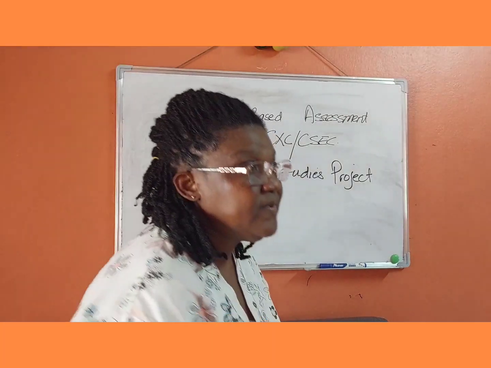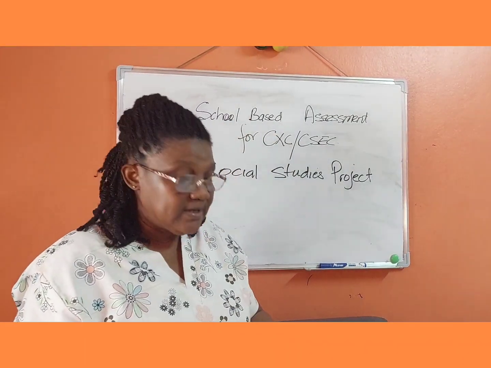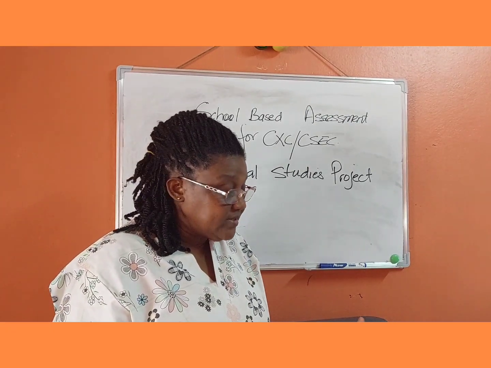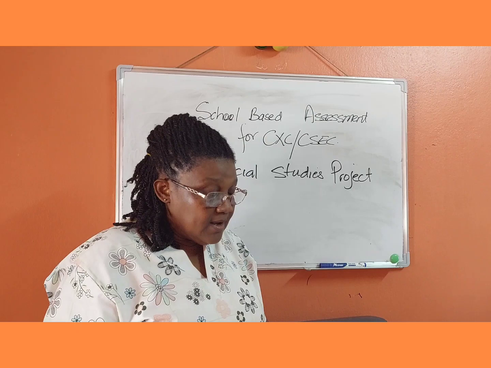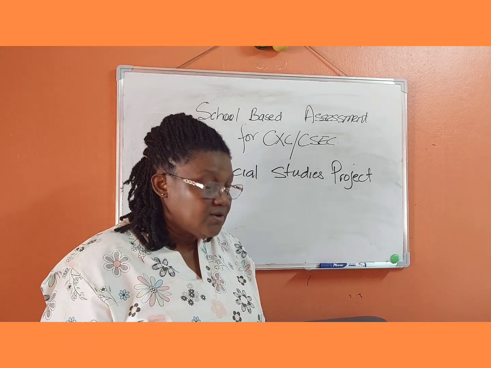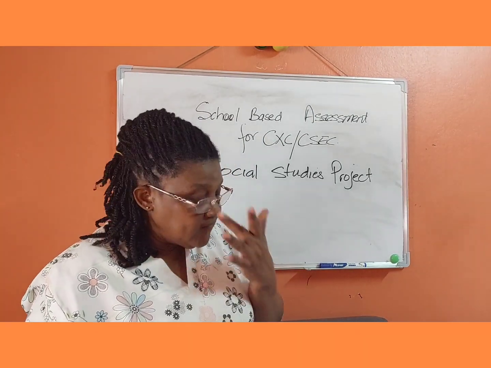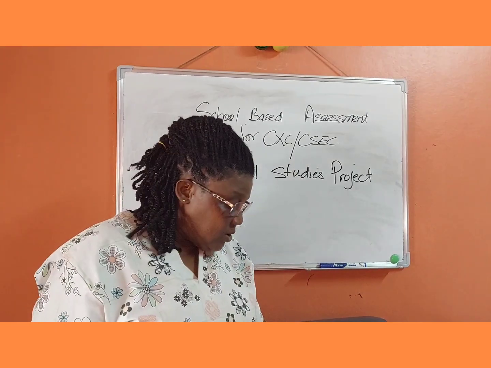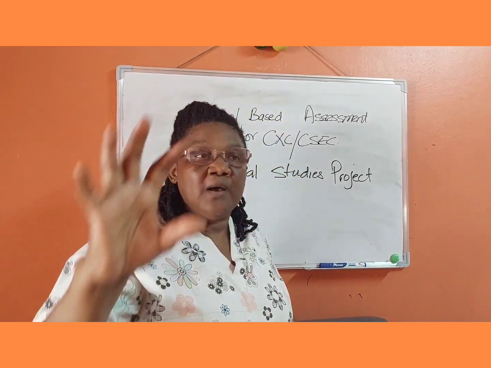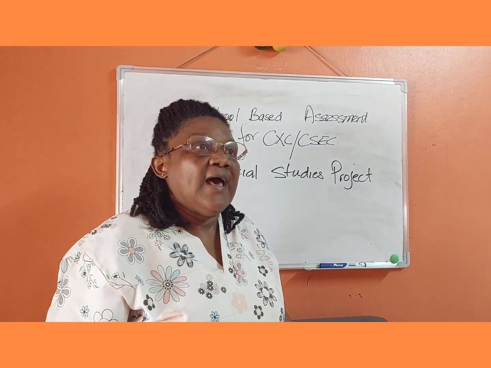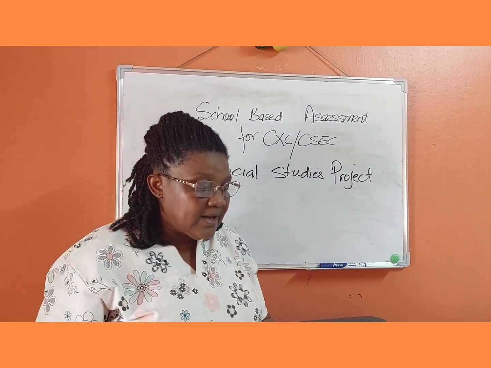Let's go. SBA is really based on social issues. So throughout your textbook, you should realize that many social issues are being discussed or highlighted during each lesson. I don't know if you are aware, but you will see many little things being written, little pockets of information being given, and then questions being highlighted and so on.